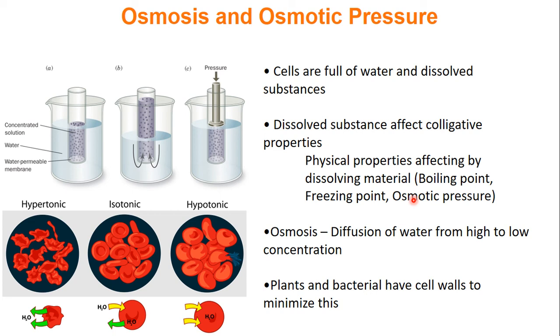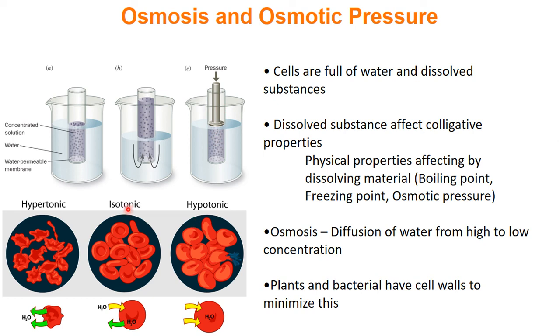And if you look at a simple experiment, if you have a solution with water and solute in that water, what will happen is that water will flow into that solution to try and balance out the concentrations. So water flows from high concentration to low concentration. And the difference of these pressures is called osmotic pressure.